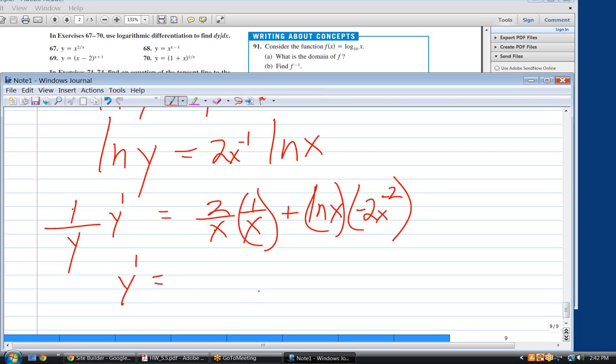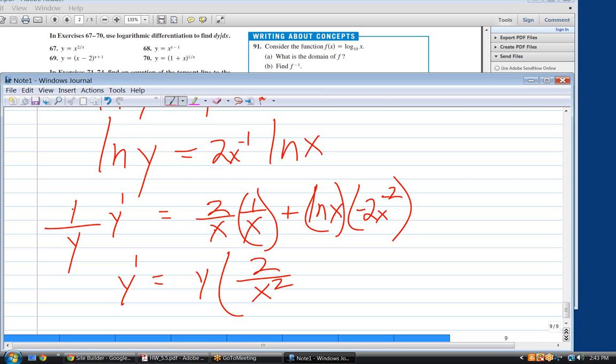Now, usually, well, I don't know whether, I'm guessing her answer is going to be entirely a function of x. It wouldn't have to be. In other words, I have to multiply both sides by y, right? Yeah. All right. So here's what she has, a y in her answer.